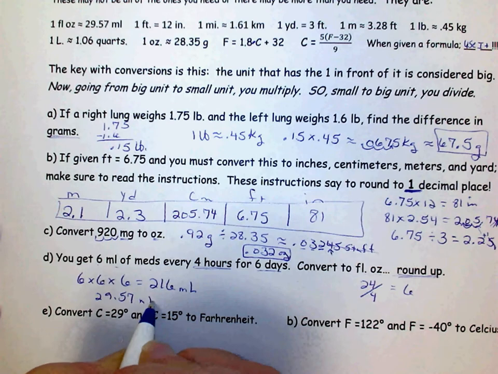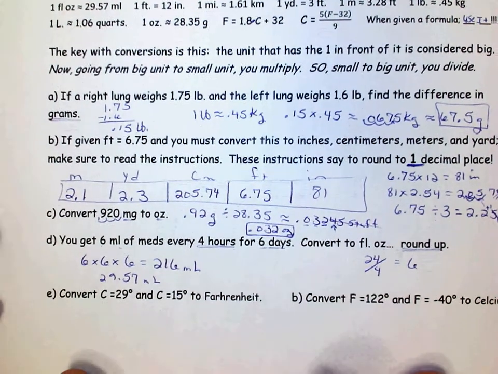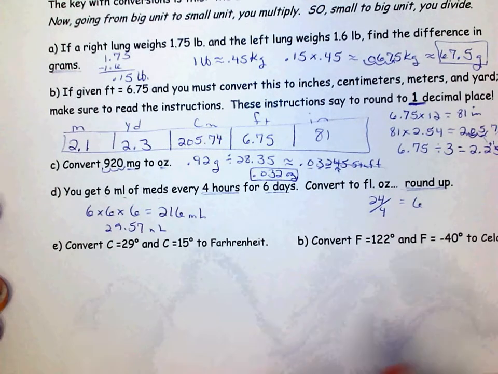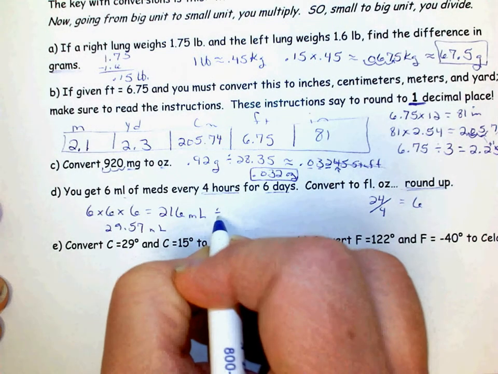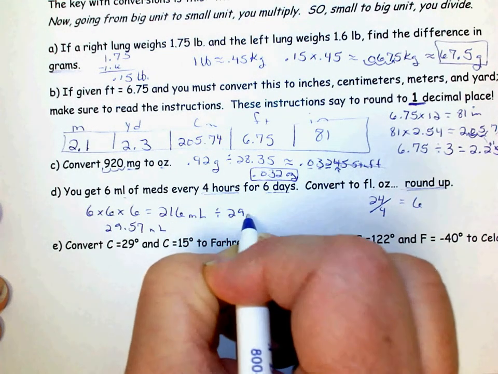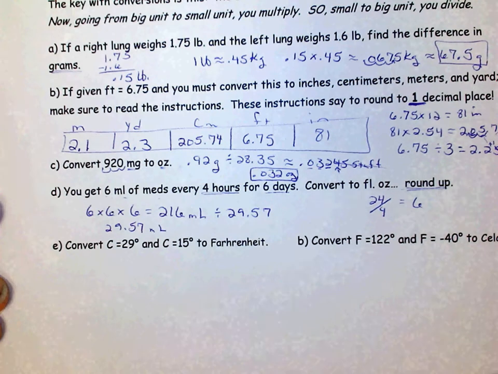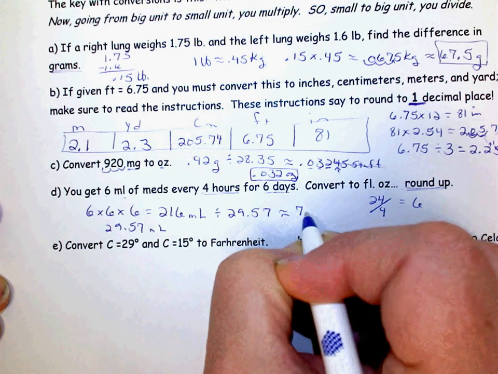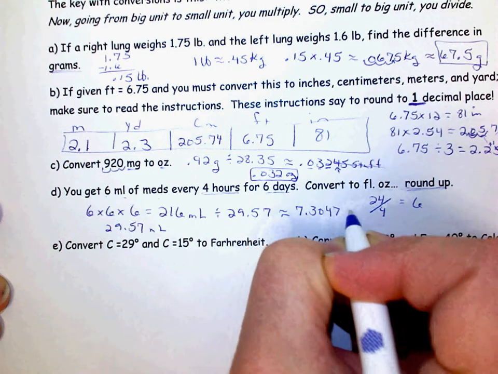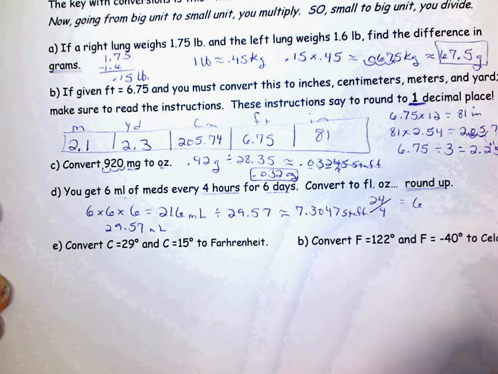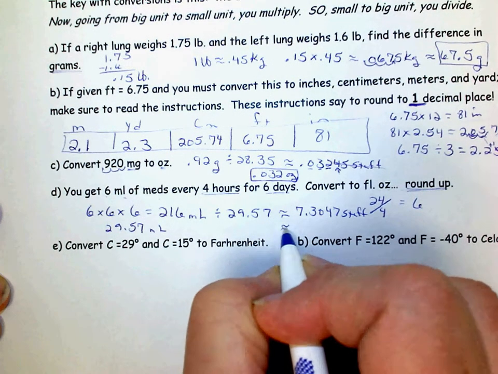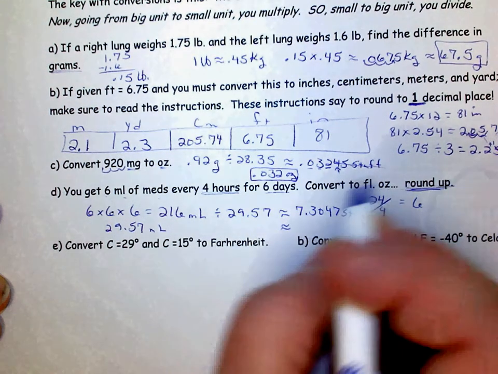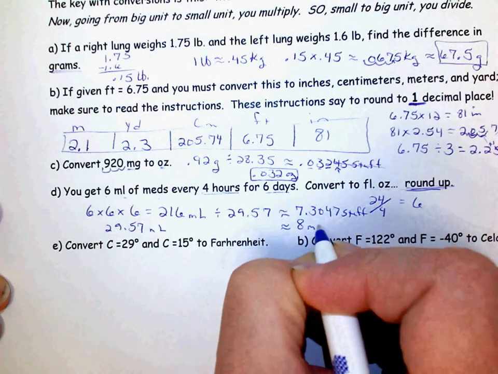Oh man, so we're going from small unit back to big unit, which means we have to divide by the 29.57. So 216 divided by 29.57 gives us approximately 7.3047 stuff. So this, we have to round all the way up, so that gives us 8 fluid ounces of medication.